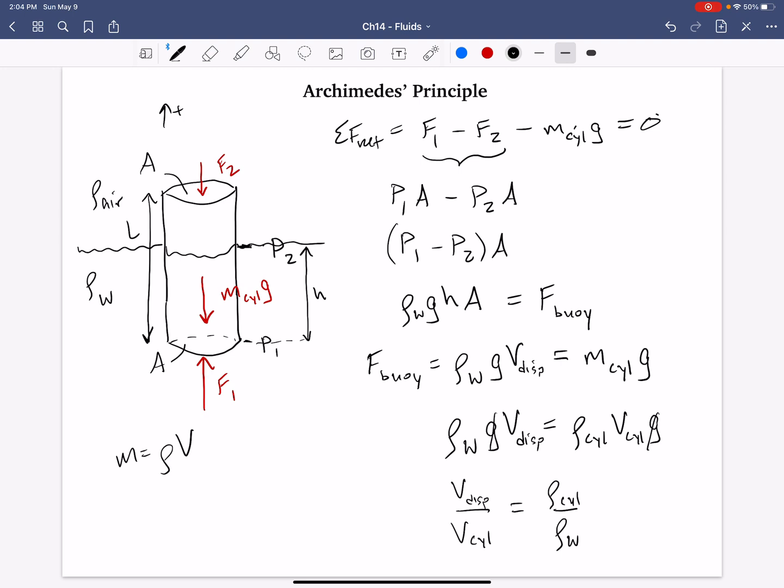So that means we can find the percentage of the volume that is inside, or outside, the fluid, compared to the entire volume, and that's simply the ratio of the densities.